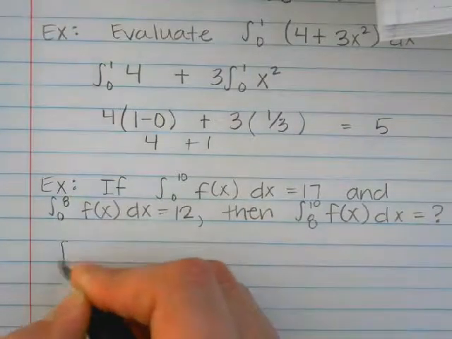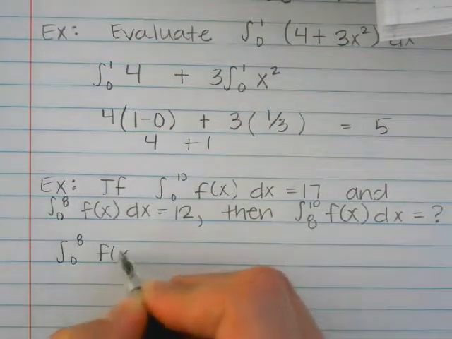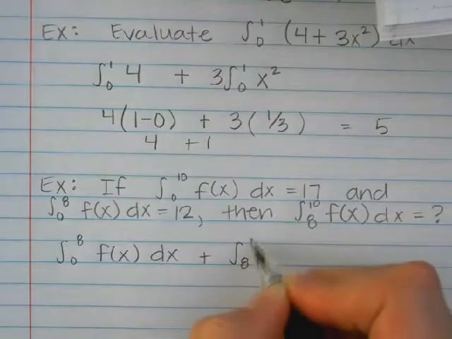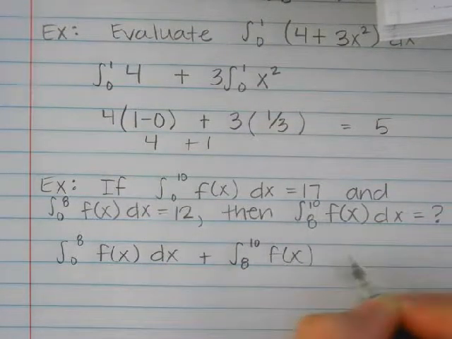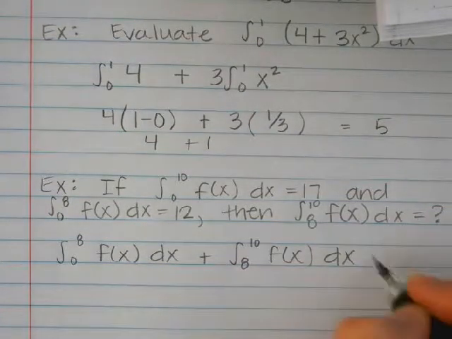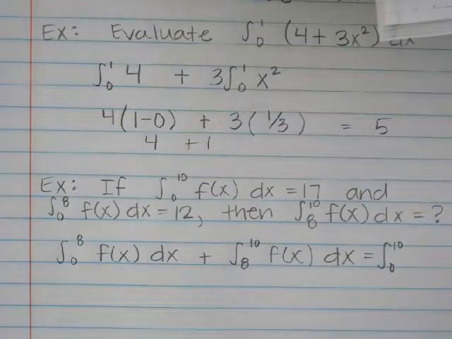So if I think of it this way, I'm going to say the integral from 0 to 8 of f of x dx plus the integral from 8 to 10 of f of x dx, 0 to 8 and 8 to 10, should equal the integral from 0 to 10. So don't break it up into two pieces, just call it one big thing.